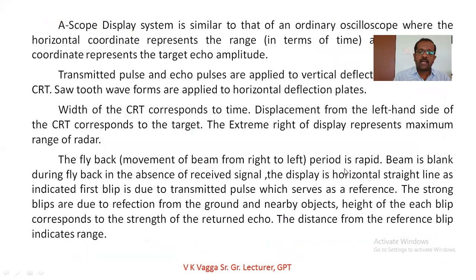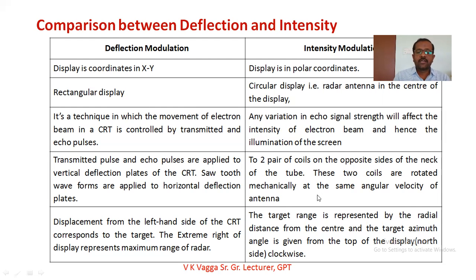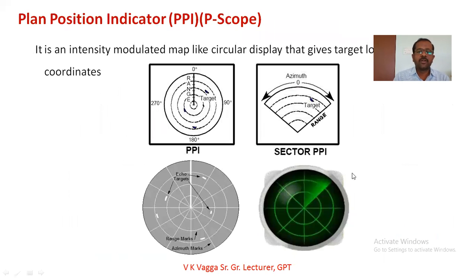In this case, the target range is represented by the radial distance from the center, and the target azimuth angle is given from the top of the display in a clockwise rotation. It is measured in terms of the angle, so according to the available angle, it can be measured here.